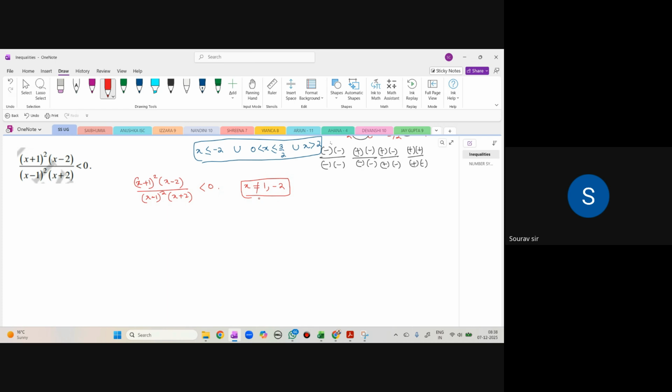Now, there is something about this expression which will simplify it to a very simple expression. What is that? That is the square term.